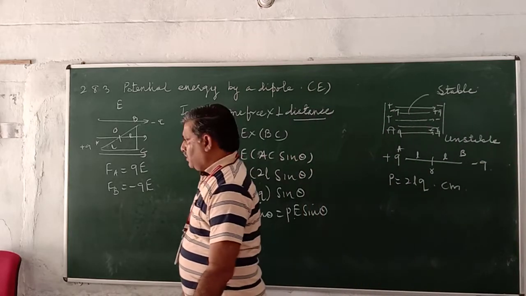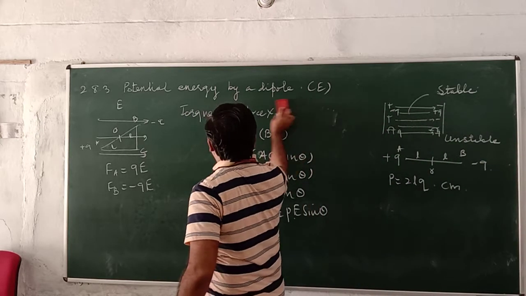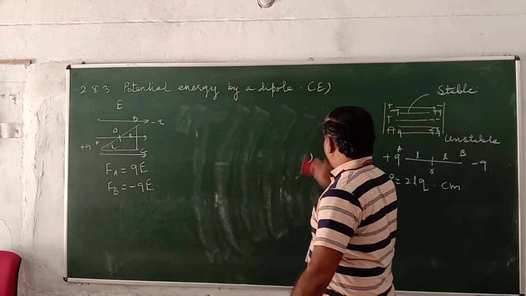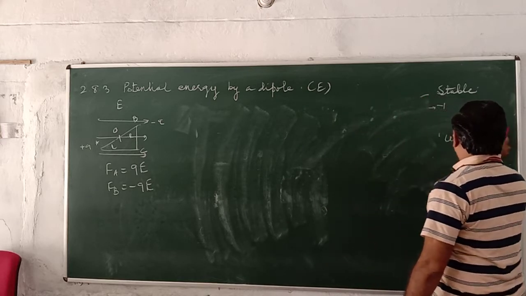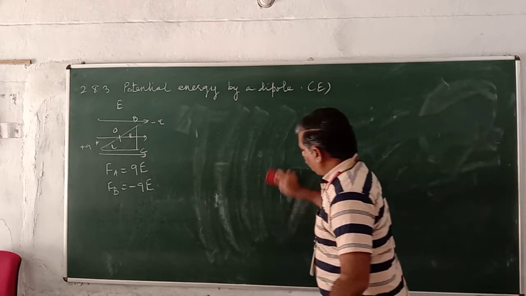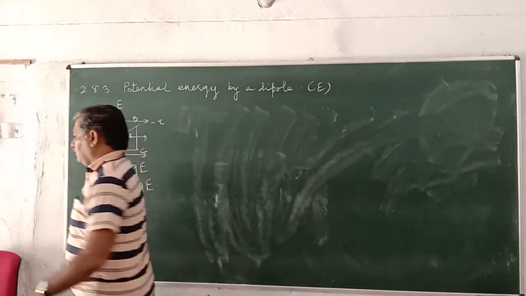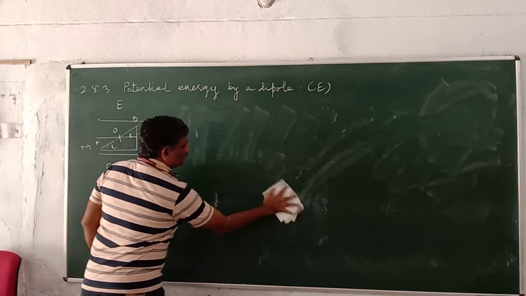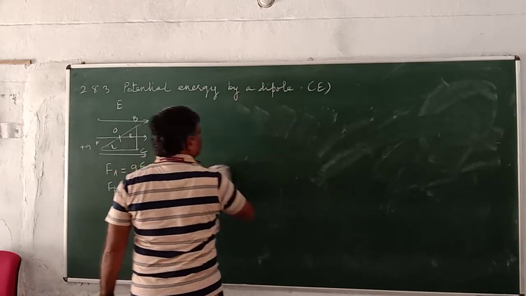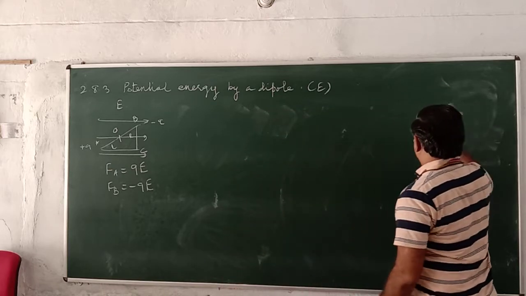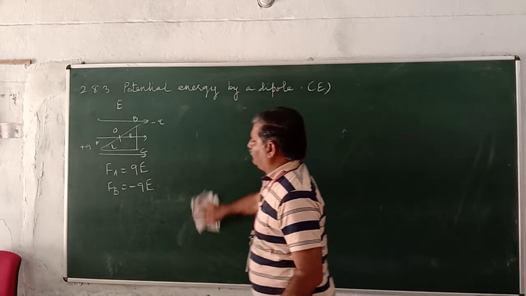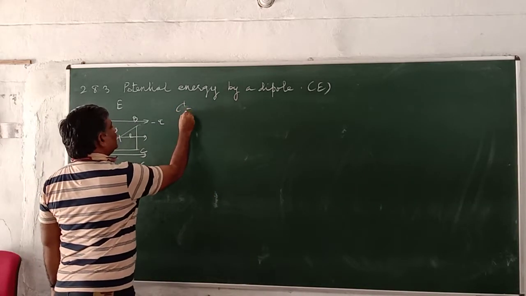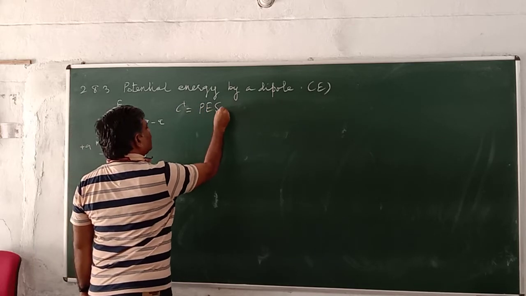Let us talk about potential energy. This was a torque. Now we can talk about potential energy. What is the potential energy? This torque is equal to PE sin theta.